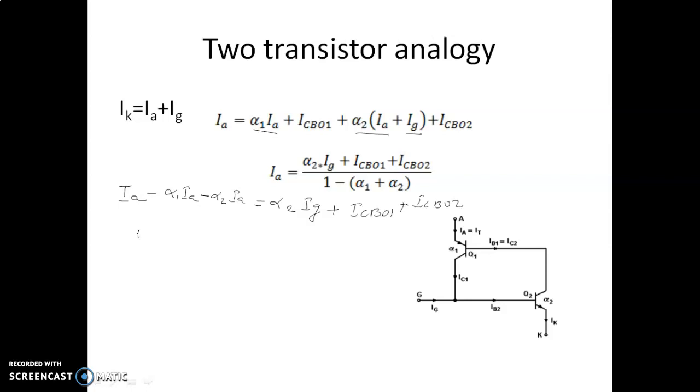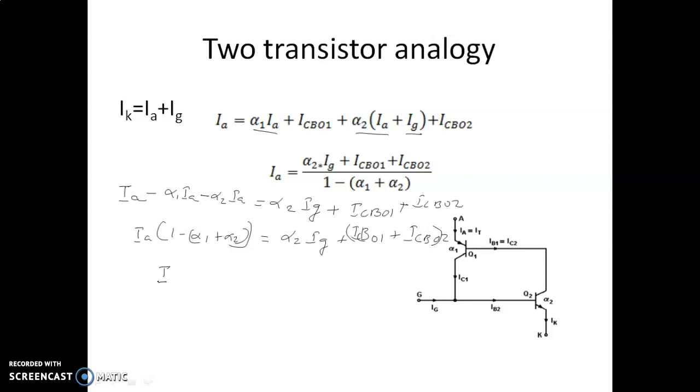Or you can write this as IA into 1 minus alpha 1 plus alpha 2 equal to alpha 2 into IG plus ICB naught 1 plus ICB naught 2, the leakage currents.